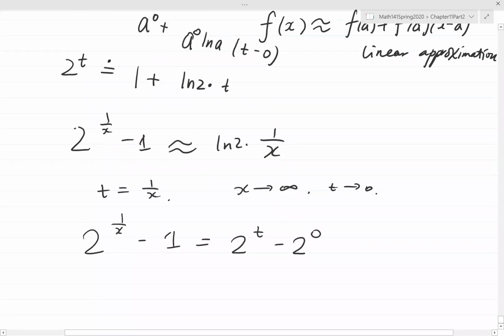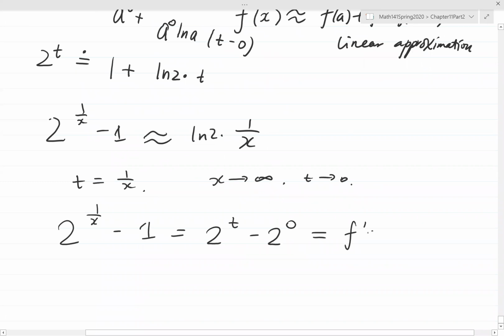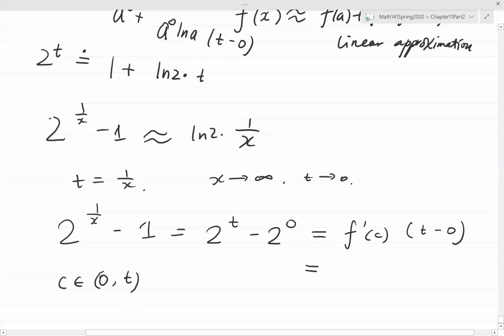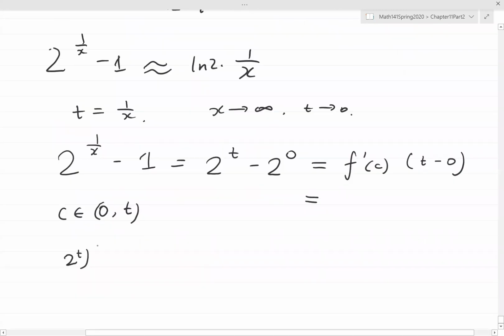By the mean value theorem, this is f'(c) times (t minus 0), where c lies between 0 and t. Now the derivative of 2 to the power t is 2 to the power t ln 2, so the value is 2 to the power c ln 2 times t.